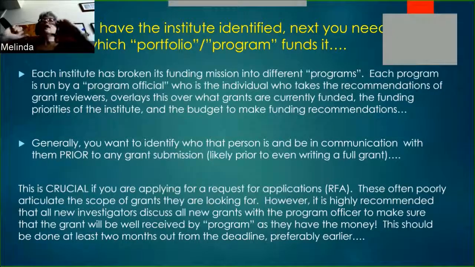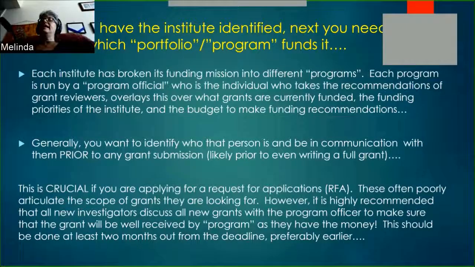And before you write your grant, you ideally want to identify who that program official is and be in communication with them, because, and this is really, really crucial, even if you're applying to a standard mechanism, you can perhaps get away with not identifying that program official, but it's crucial if you're responding to a request for application. These are directed research funds that are set-asides that are directed to fund a specific research type.